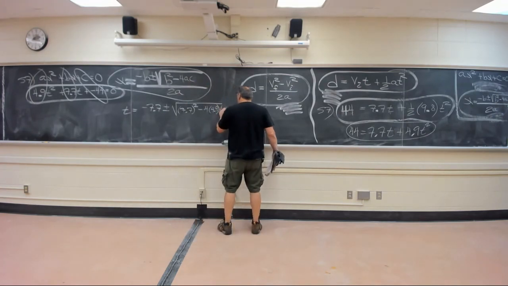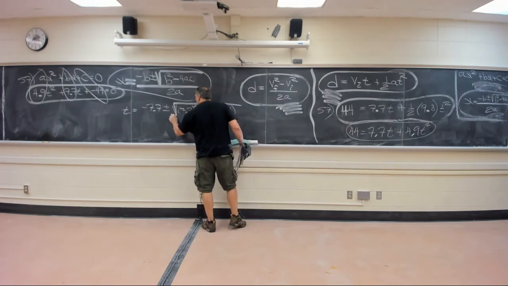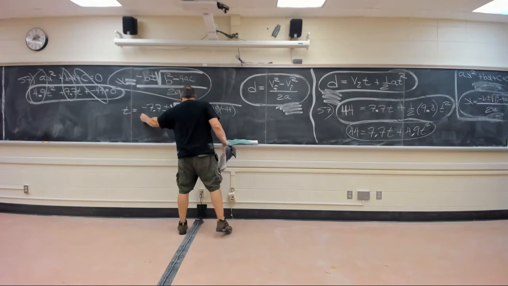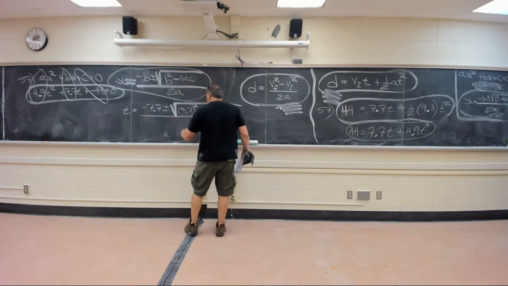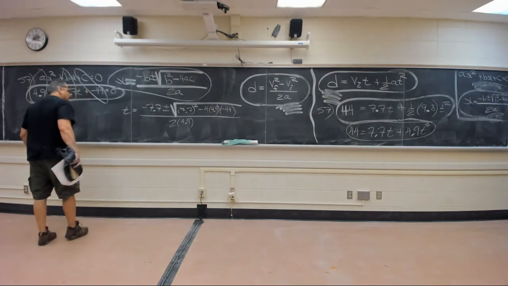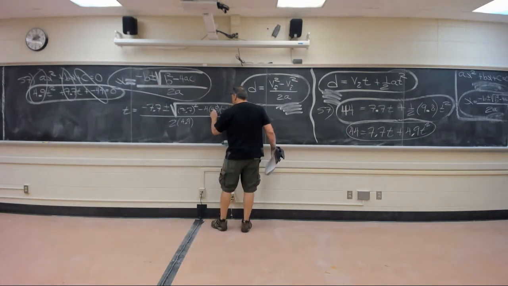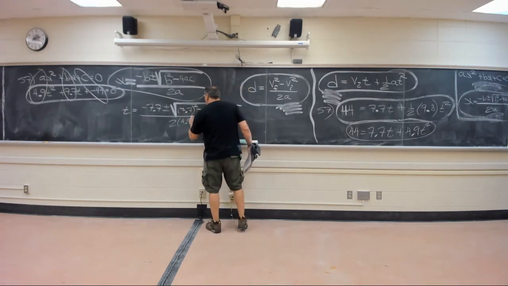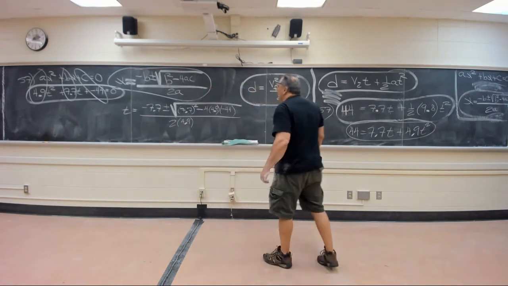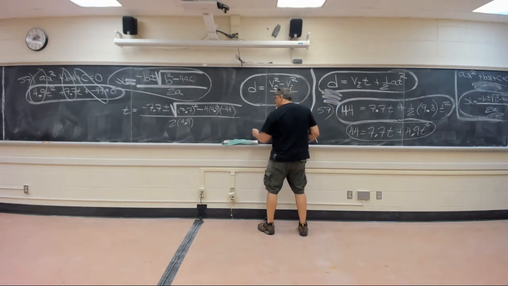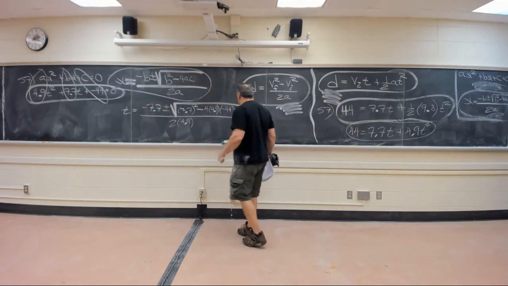And 2a is 2 times 4.9. There it is. Well, when you do it, you're going to get two answers.